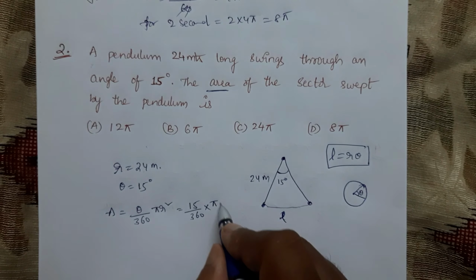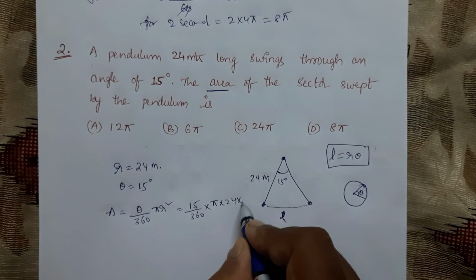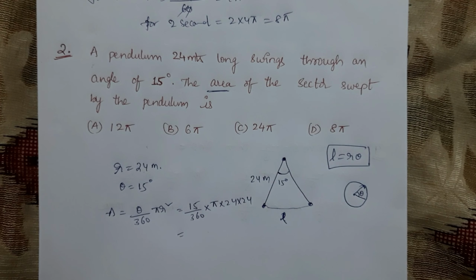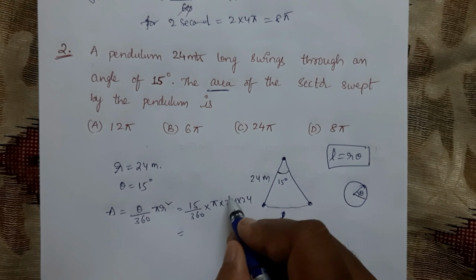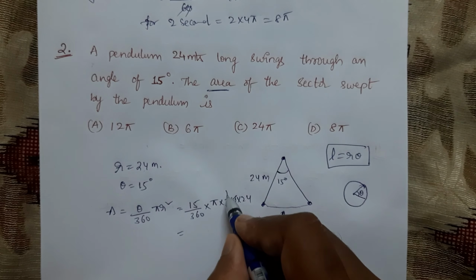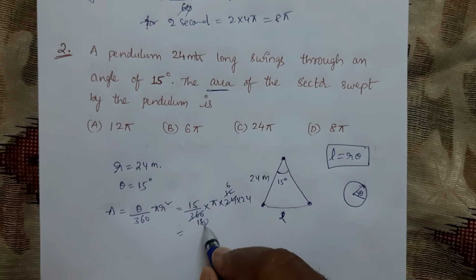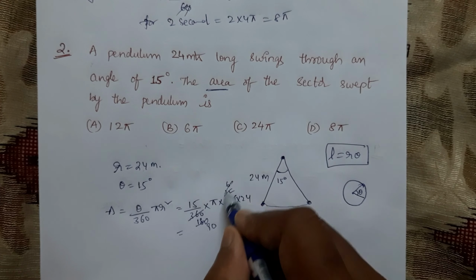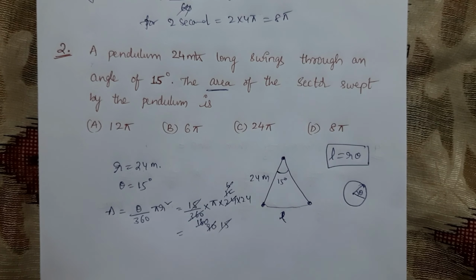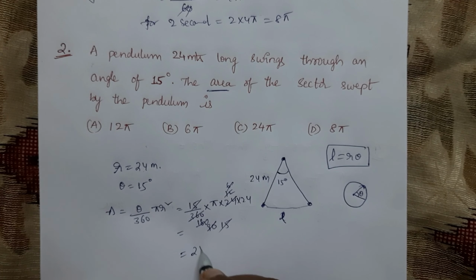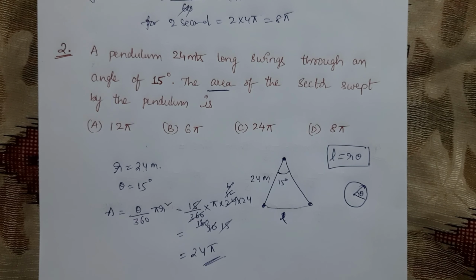Radius value 24, so it will be 24 into 24. If you simplify, we will get 24 pi units.